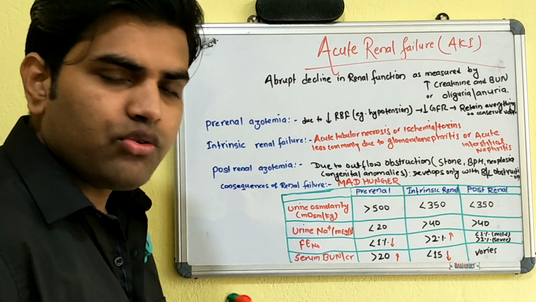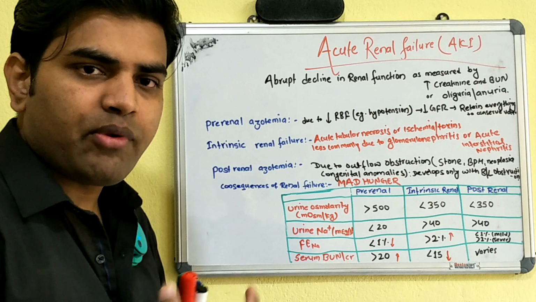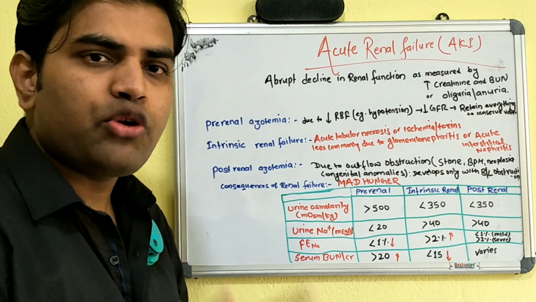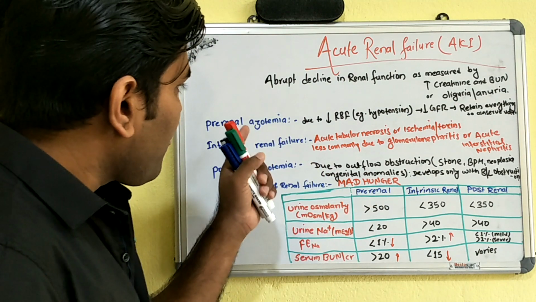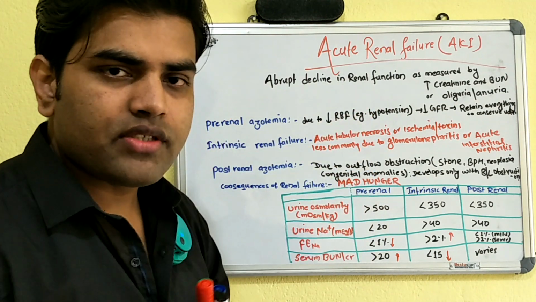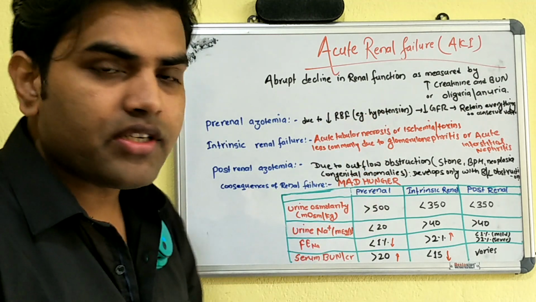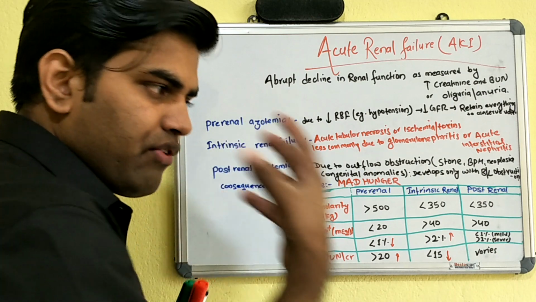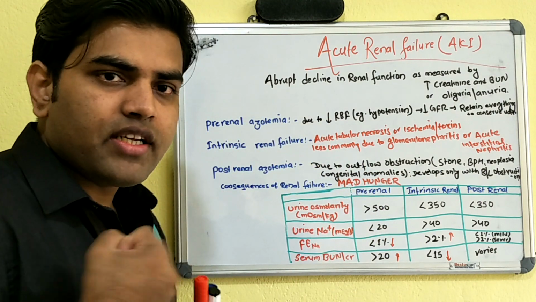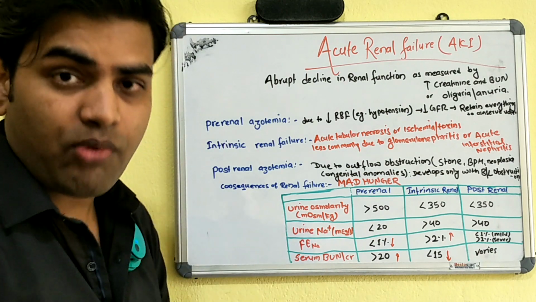Now, our body has automatic mechanisms to control and correct everything. The body will always try to correct everything. Since there is generalized hypotension in your body and you are finding a decrease in GFR, what will the kidney do? The kidney will try to retain everything that passes through it, to conserve the volume, to gain the volume.